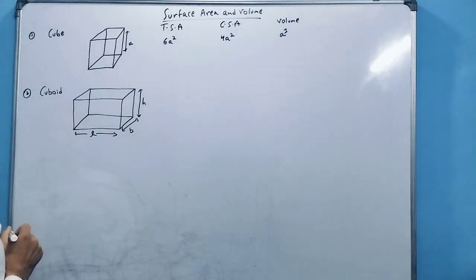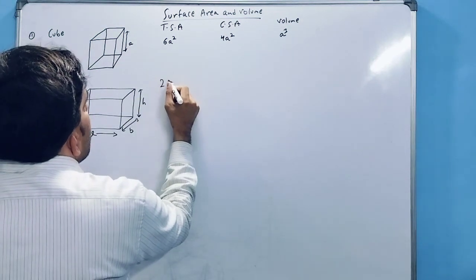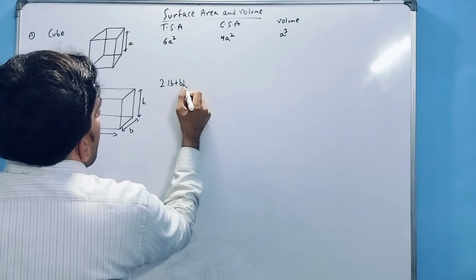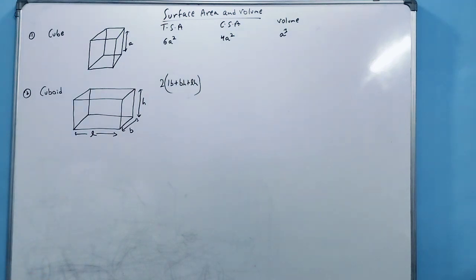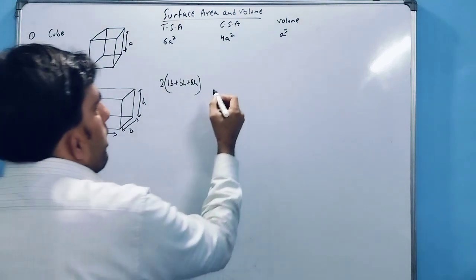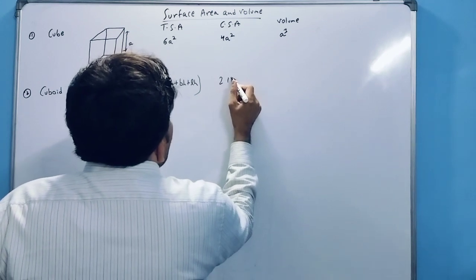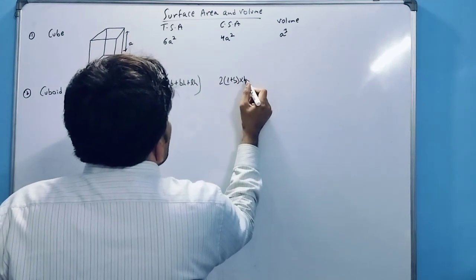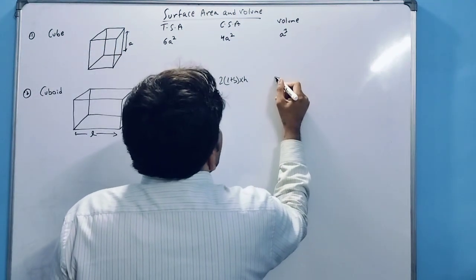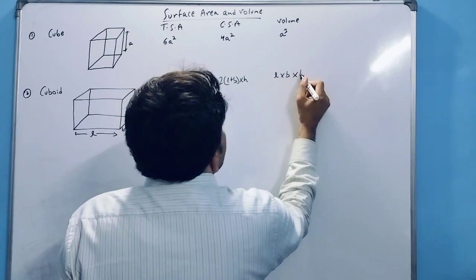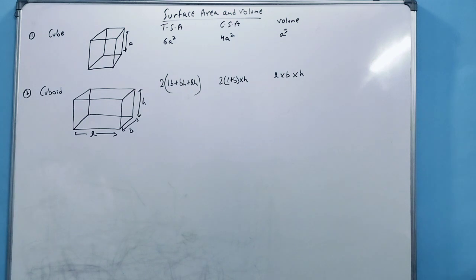Formulas for the cuboid: TSA will be 2 into (length into breadth plus breadth into height plus length into height). CSA will be 2 into (L plus B) into H. And its volume will be length into breadth into height. These two solid figures are most important for class 9th and 10th.